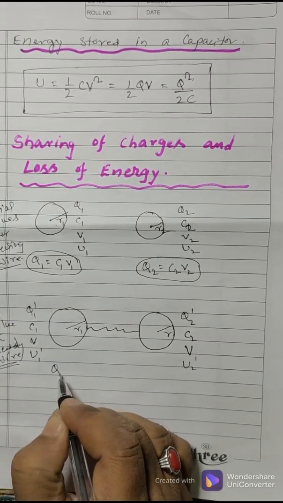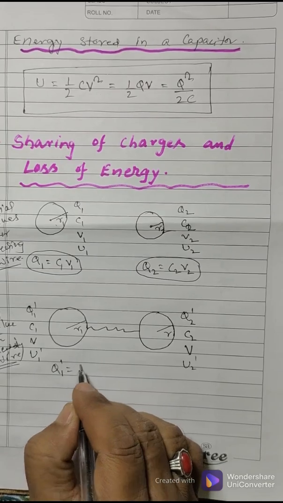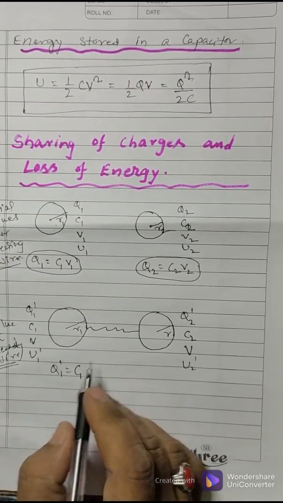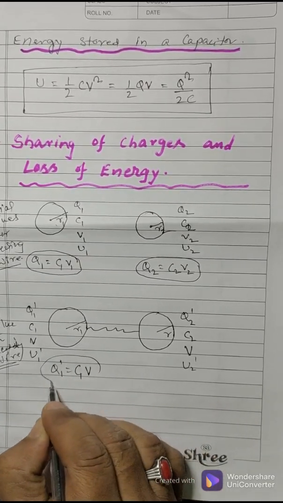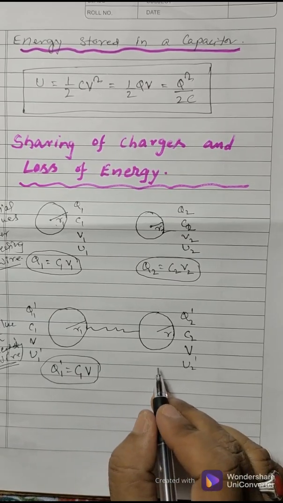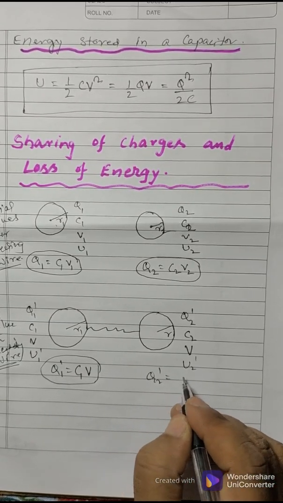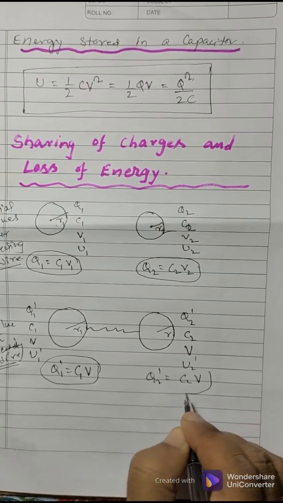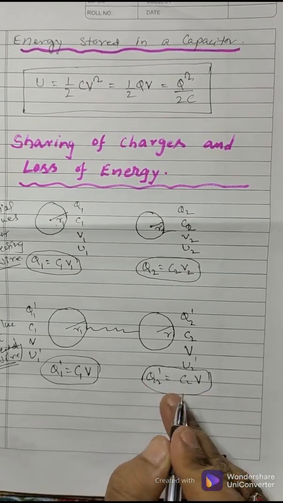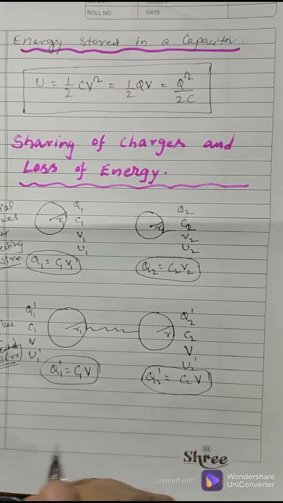Now the charge on it is given like this. We can write that Q1 dash equals C1 into V, where V is the common potential. Similarly, Q2 dash equals C2 into V. So this is the charge after connecting a wire.